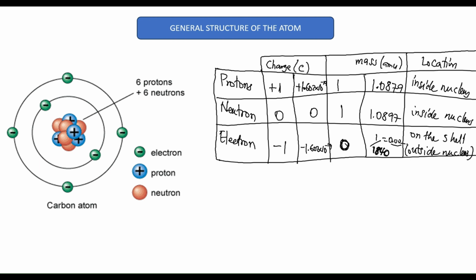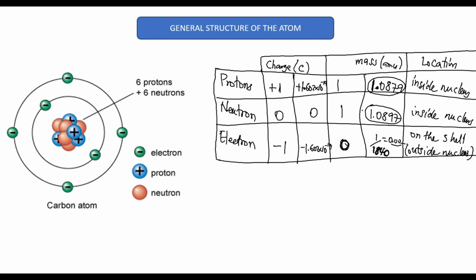So you will see that proton and neutron have exact masses of 1.0879 and 1.0897. You see that even between the two, this value is smaller than this value.